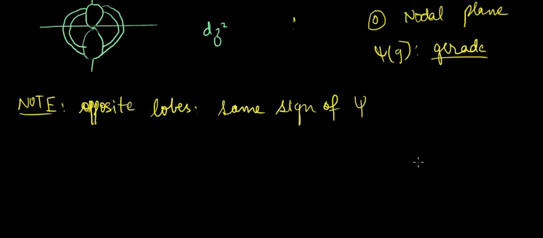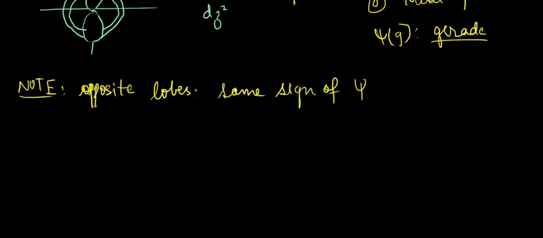With this, we come to the end of this lecture. In the next lecture, we will be seeing more on the shape of d orbitals. Till then, good luck and goodbye.